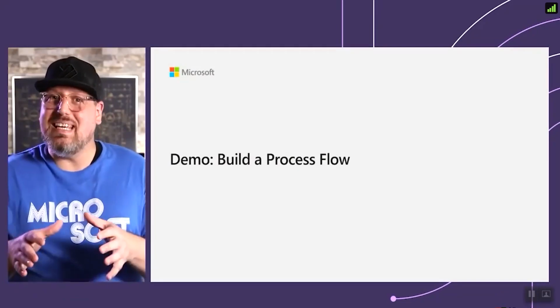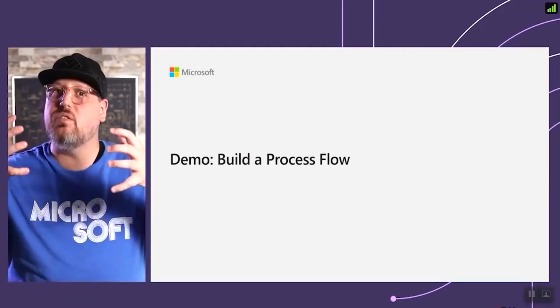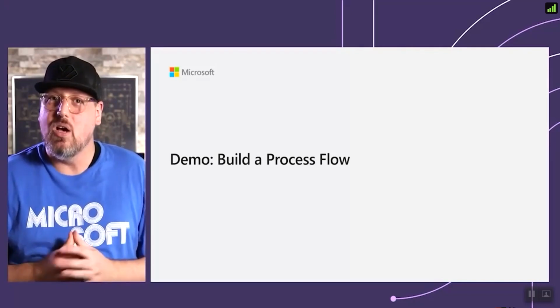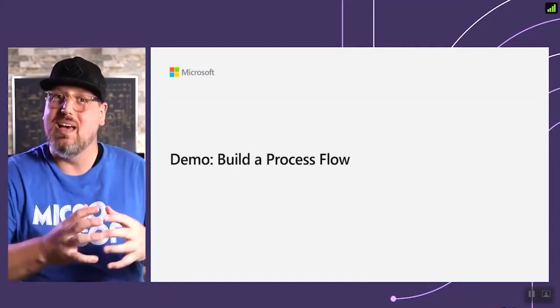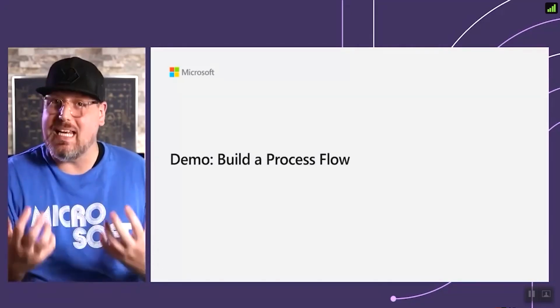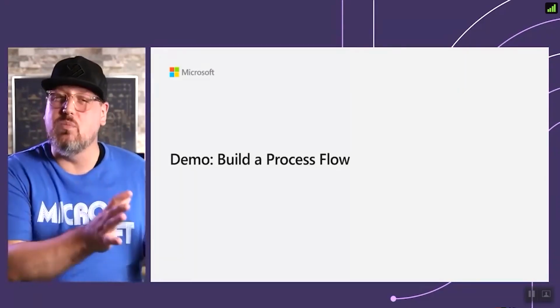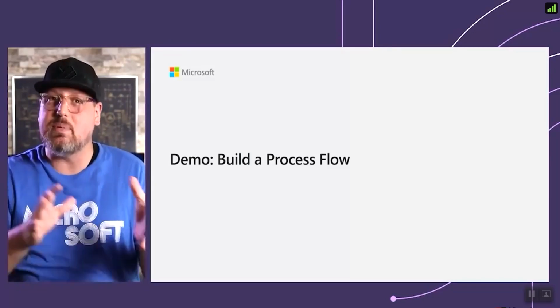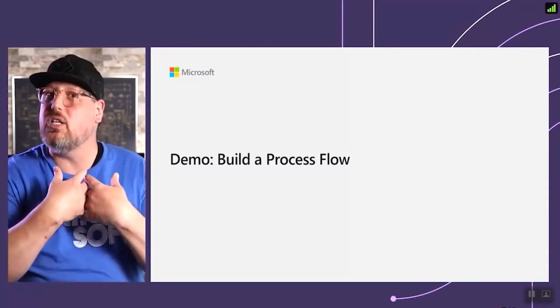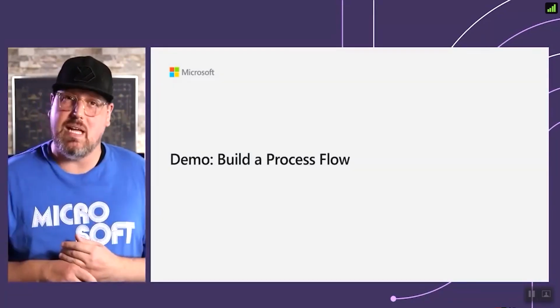So we've seen together how we can build different types of processes with Power Automate. So we have those cloud flows that help you automate everything with connectors and APIs. We have business process flows that help you to move from stage to stage and step to step and put those directly into model-driven apps or to use them as a standalone.